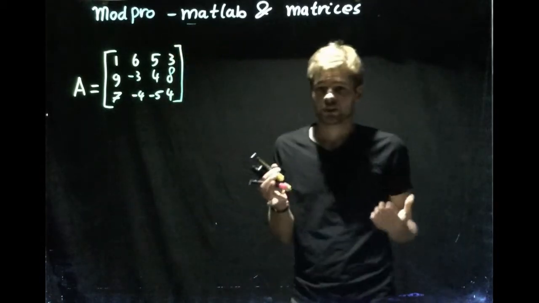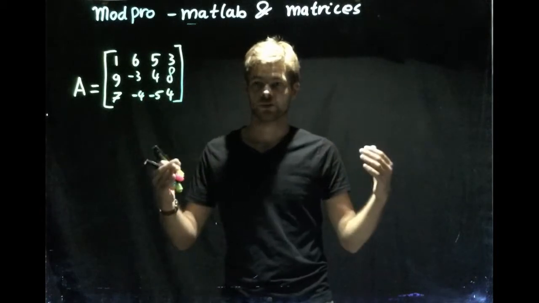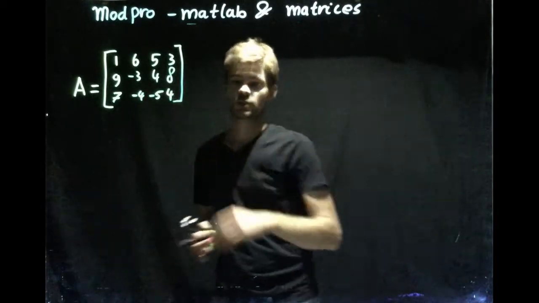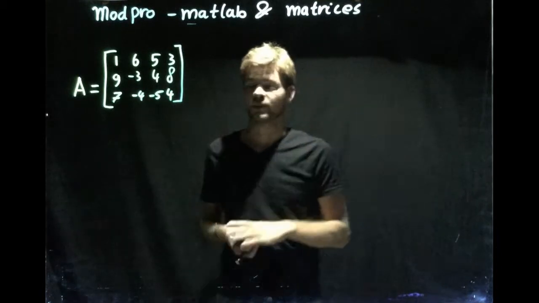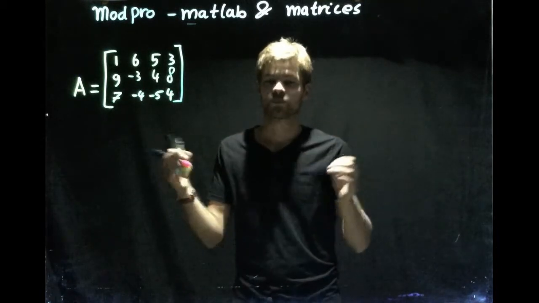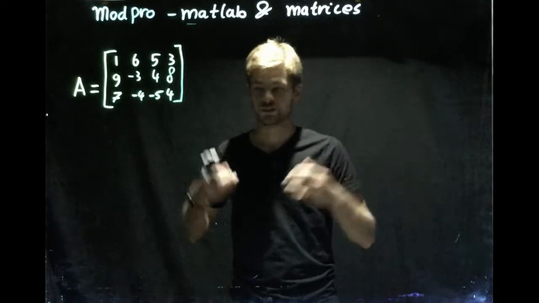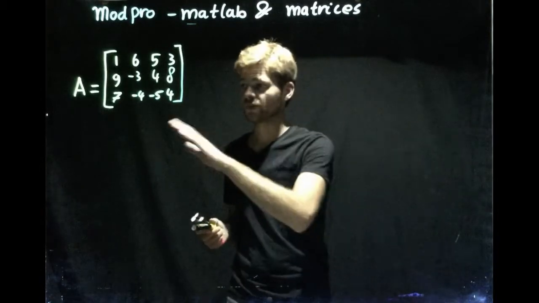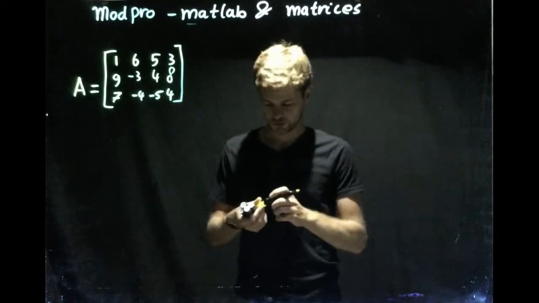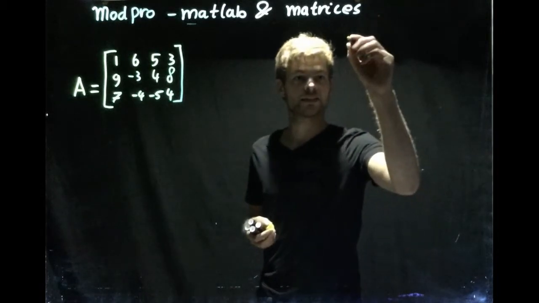Well, a matrix is actually an array of values, and it can be numbers, but it can even be text. It's essentially a tool that can be used to store a lot of calculations. So first thing, if you want to define this matrix in MATLAB, you will have to write something like this.